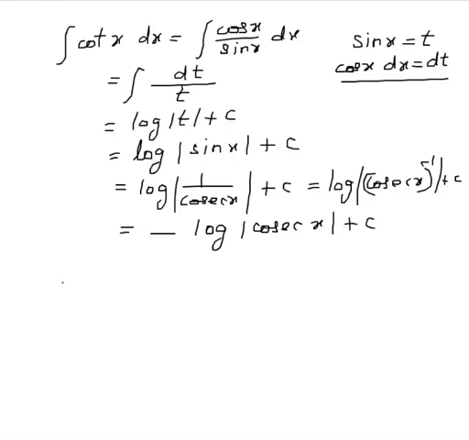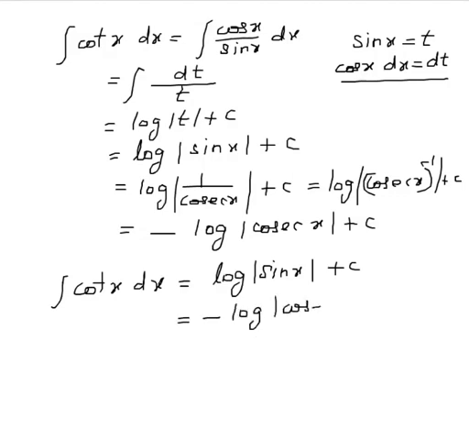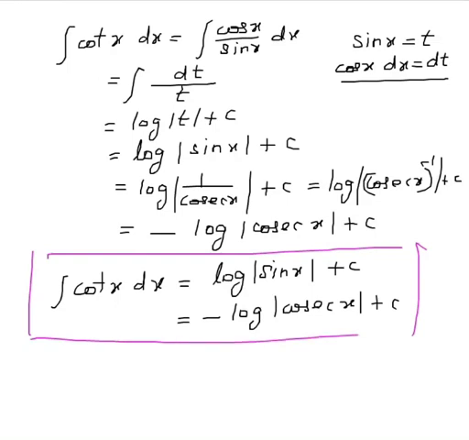Therefore, the formula of integral of cot x dx is log of absolute value of sin x plus c or minus log of absolute value of cosecant x plus c. Write down these formulae in the formula book.